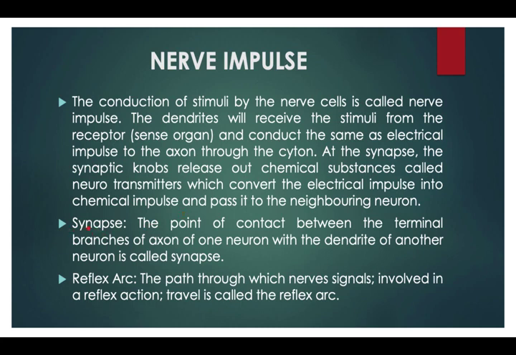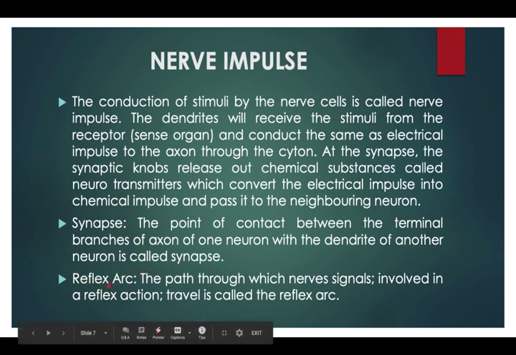How can you define the synapse here? The point of contact between the terminal branches of the axon of one neuron with the dendrite of another neuron is called synapse. At that synapse, various neurotransmitters are present which help in the transfer of electric impulse to chemical stimulus, and that chemical stimulus is further converted into electrical signal.